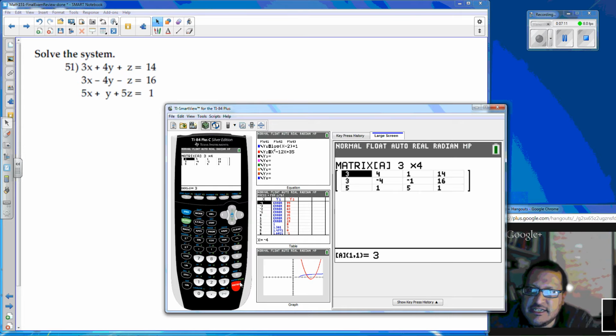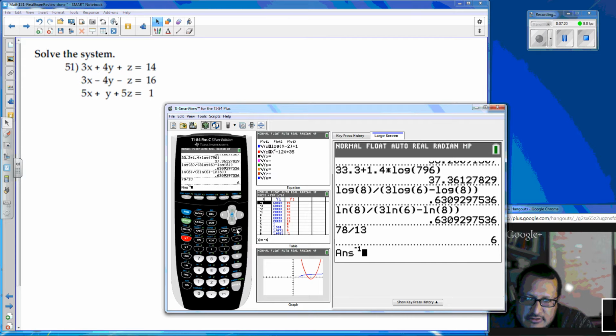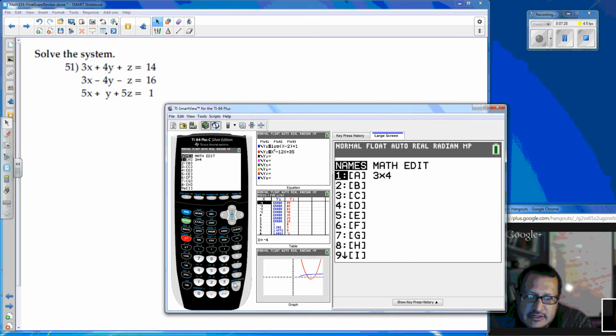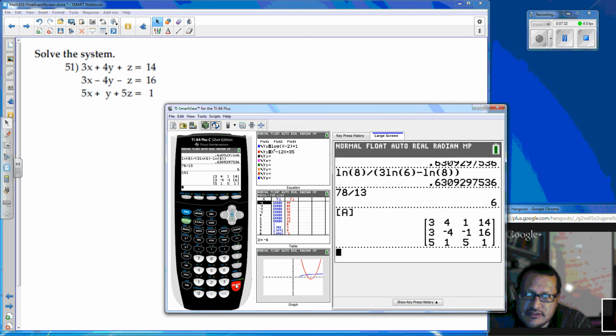We just double check it, and it looks right. Another way to double check it is from here. You can press second matrix, and you can just select A and press enter and make sure it's all right.